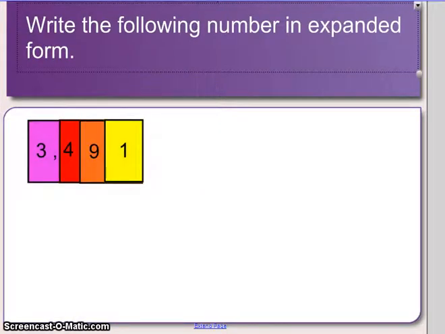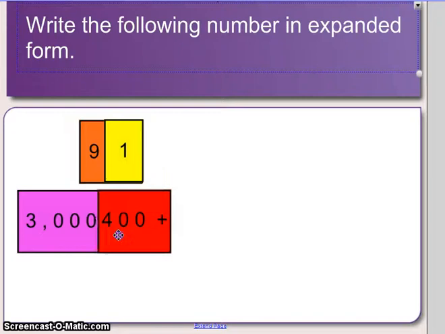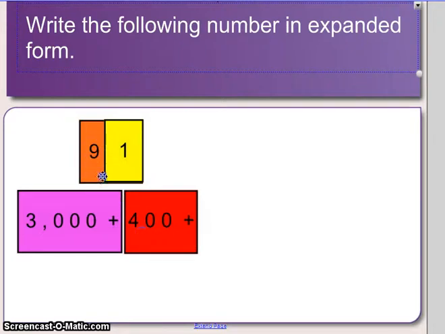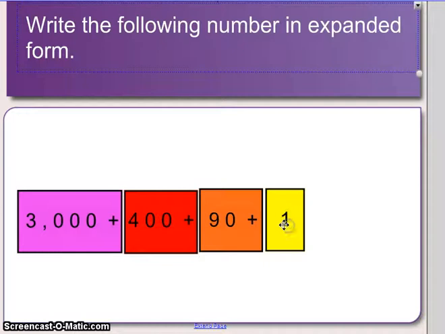And the last one, write 3,491 in expanded form. Pause the screen to write your answer. It's 3,000 plus 400 plus 90 plus 1.